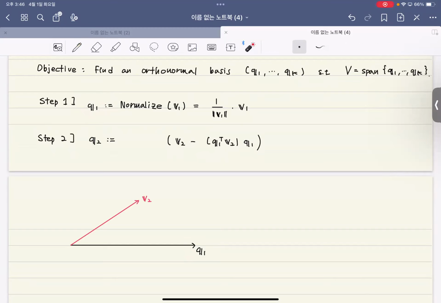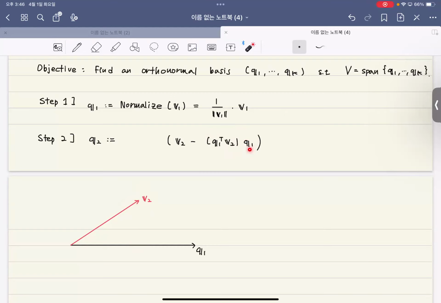Here what I did was very simple. Can you recognize this vector? This vector is simply the Q1 component of the vector V2. In other words, this vector can be obtained by projecting V2 onto the one-dimensional subspace spanned by Q1.